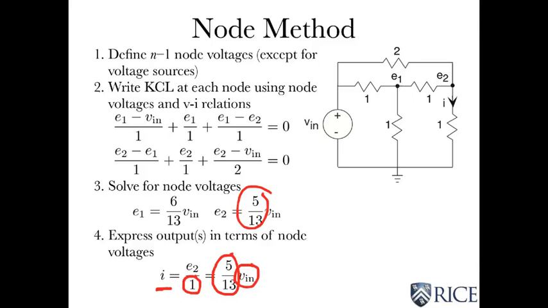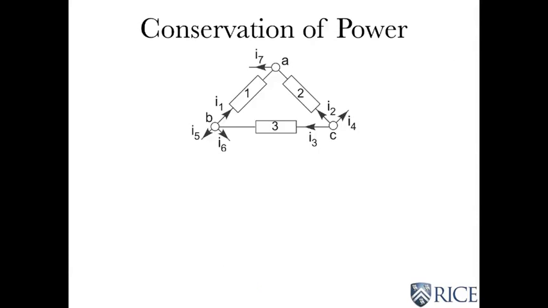Okay, let's use the node method to prove that all circuits conserve power. Very powerful statement. So, here is a section of a generic circuit. I'm not going to tell you, and I don't even know what these elements are. They're just elements.